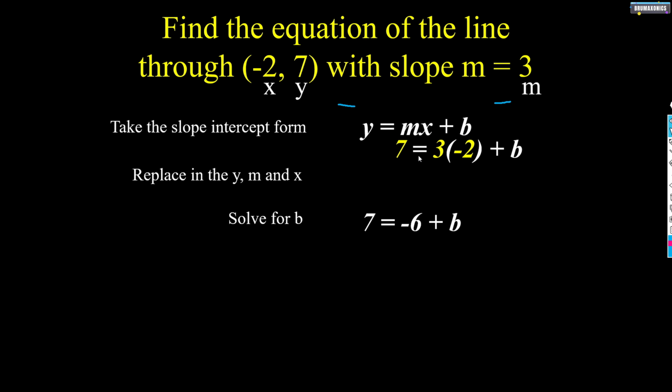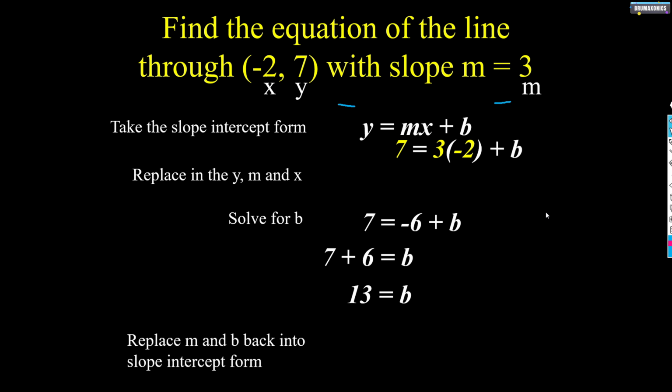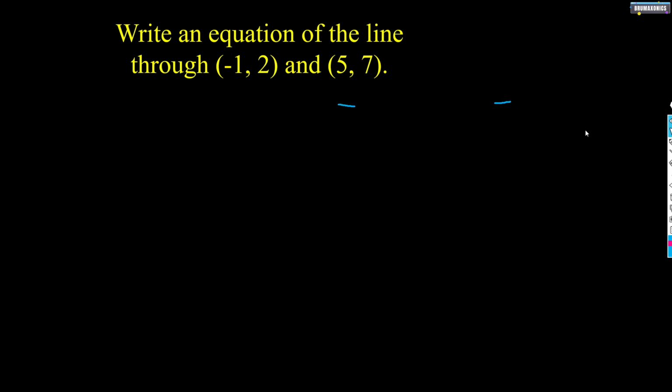So with that, we have 7 equal to negative 6 plus b. We take 6 to the other side, it will be positive, and then b will equal 13. Meaning that now we can replace b back, knowing that our gradient is equal to 3, right? Very simple. So this can be done in grade 12 and also in grade 11.